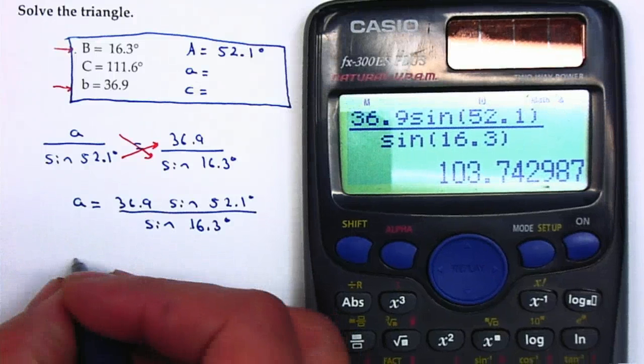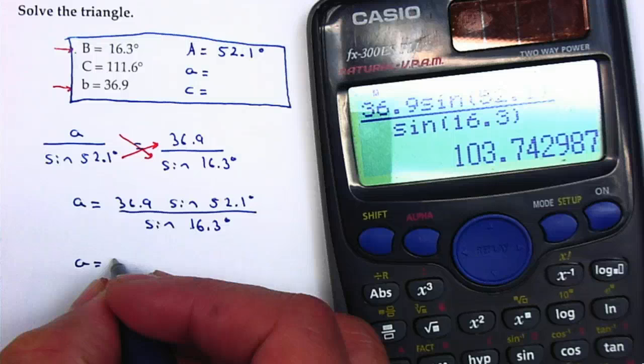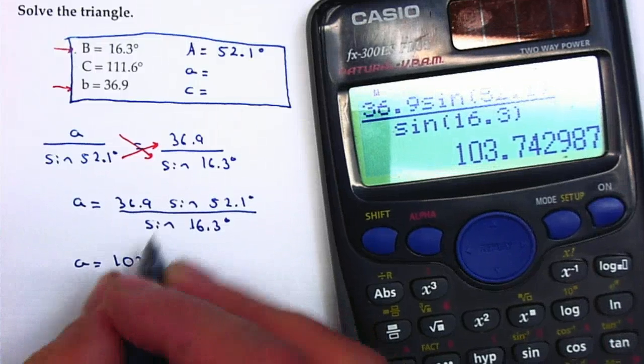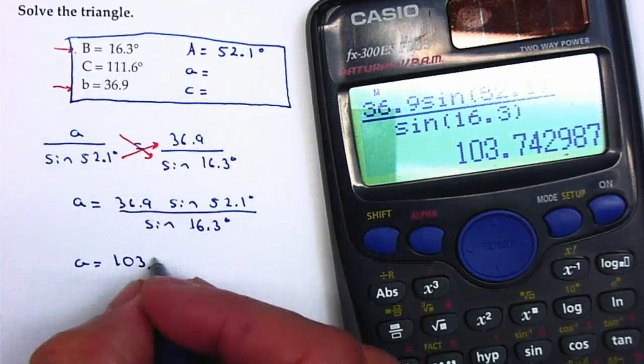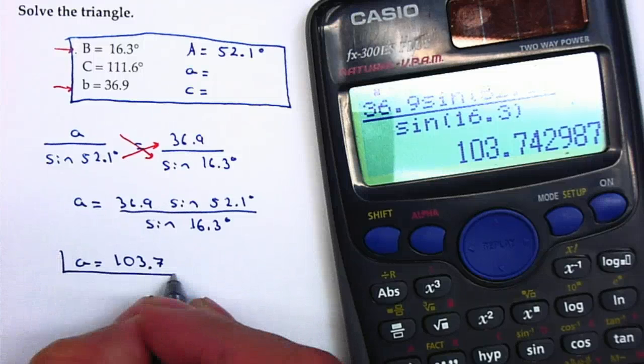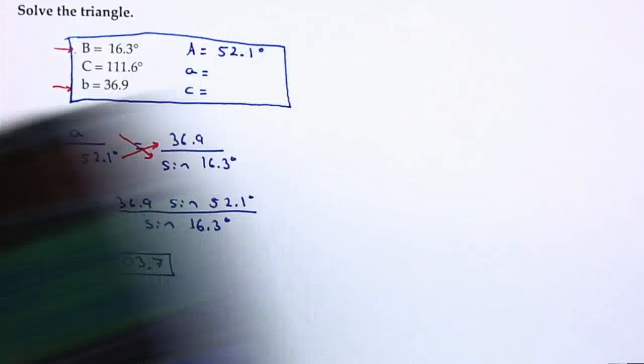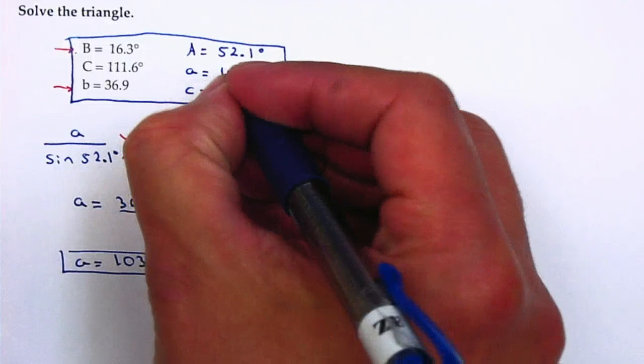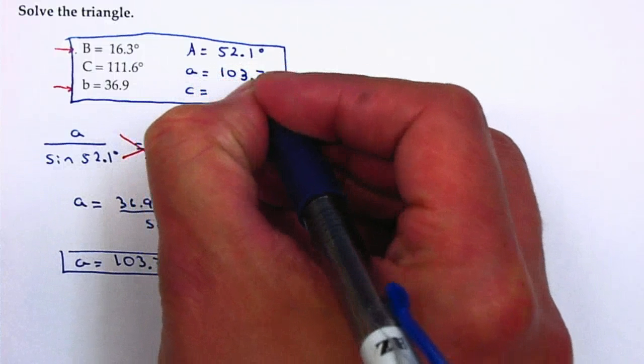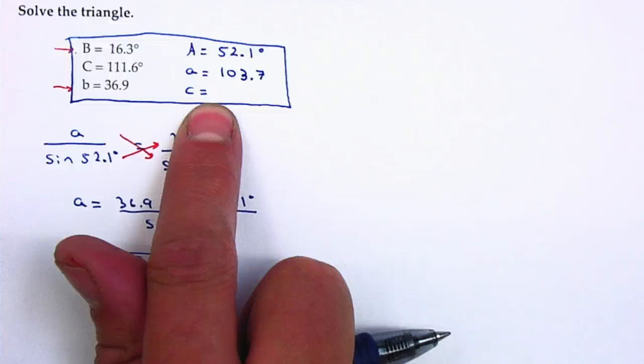And that gives me my A value, which is 103 point, and they do want a decimal point, so 103.7.